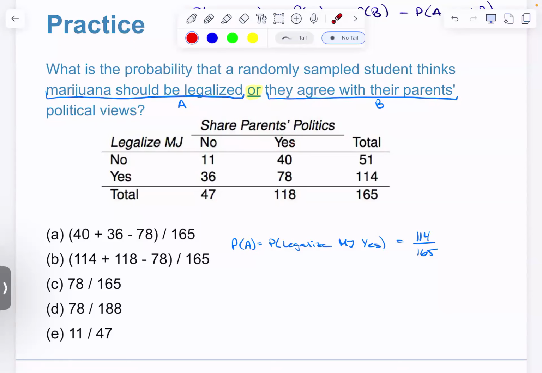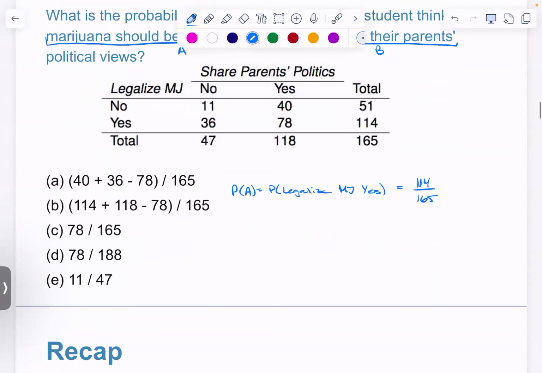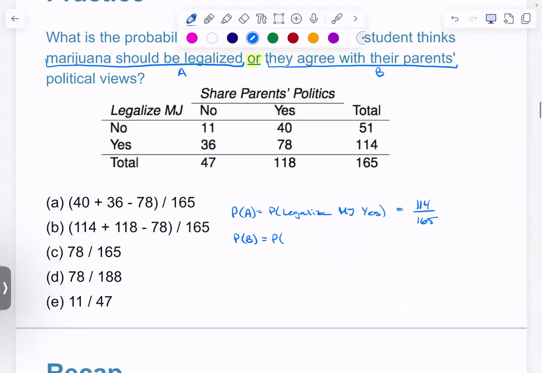And so what we can do independently here is find the probability of B. I like to find the probabilities and then put them into my formula. That's the share politics.